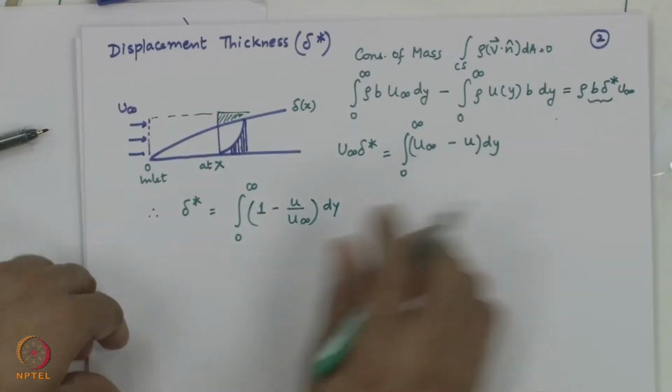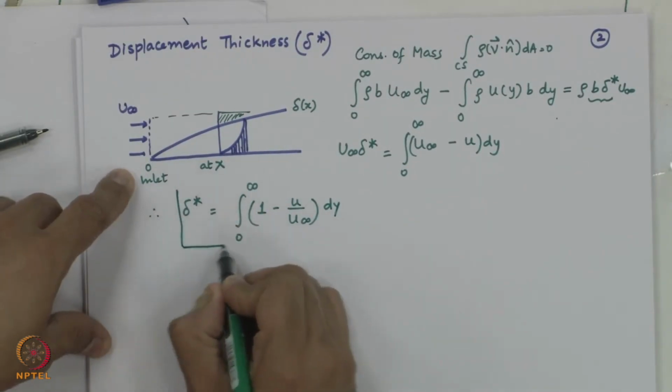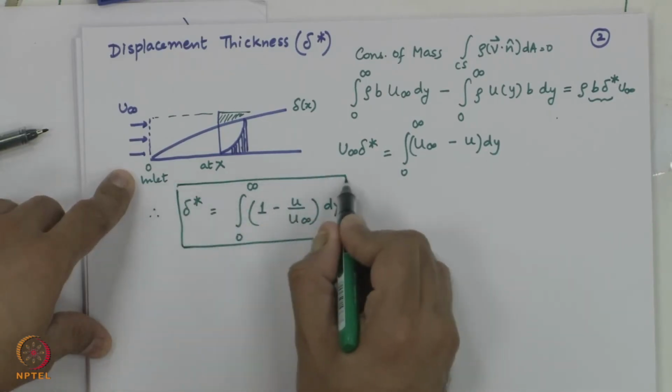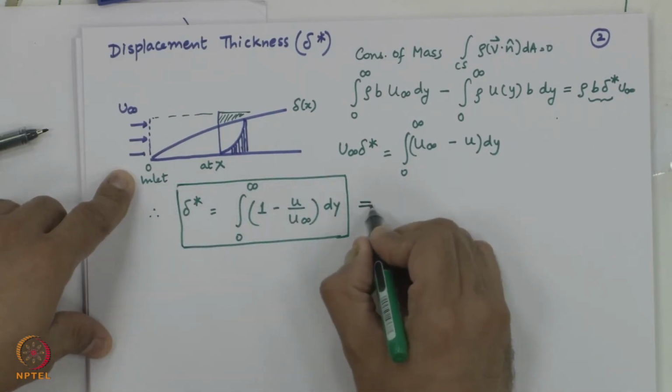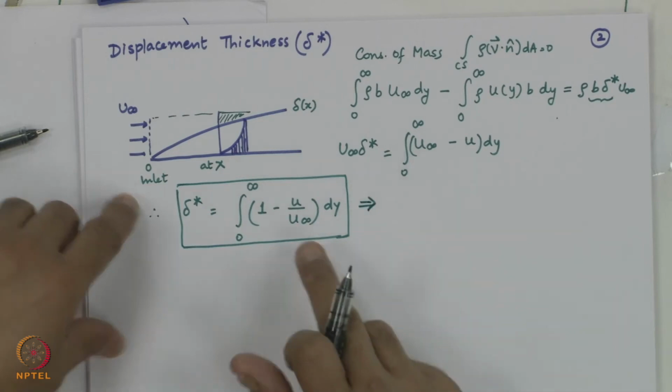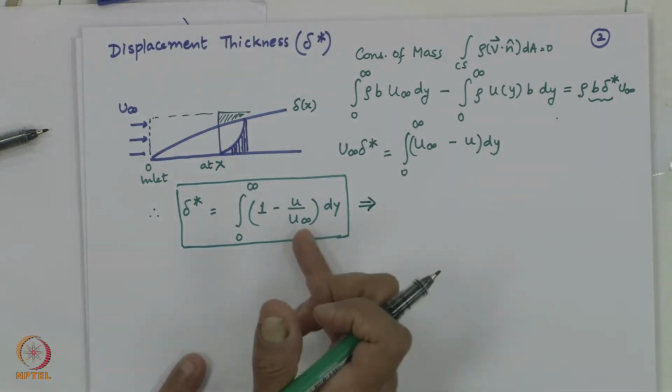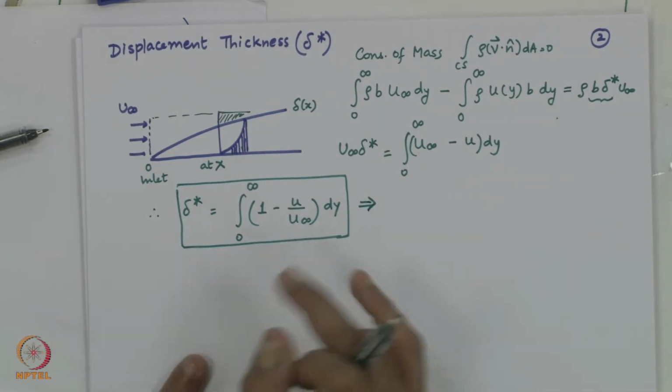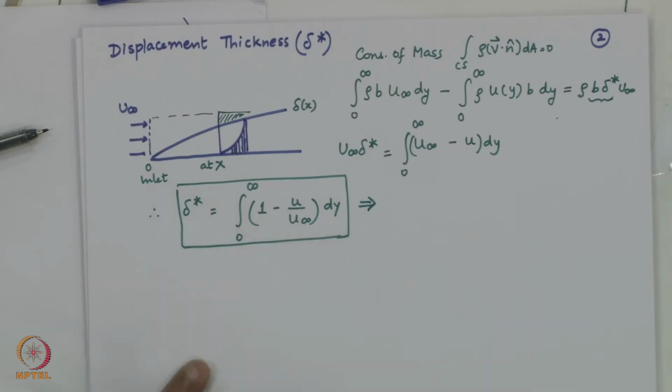This is my expression for the displacement thickness. This I will split up typically. So, when I assume a profile, u by u infinity will be substituted here, and I evaluate this integral. Now, you will ask me what is this 0 to infinity? How far is infinity that I need to take?